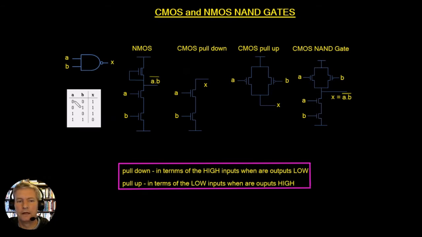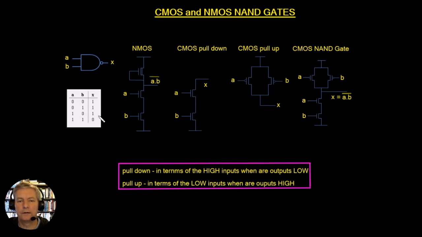So we're saying that if A is low and B is low, so this is low and this is low, these are PMOS devices, so that means that both of these are on. So if both of them are on, we've got this point here pulled high. Or if any one of them is on, this point here is pulled high. So that's going to give us these three lines of the truth table.